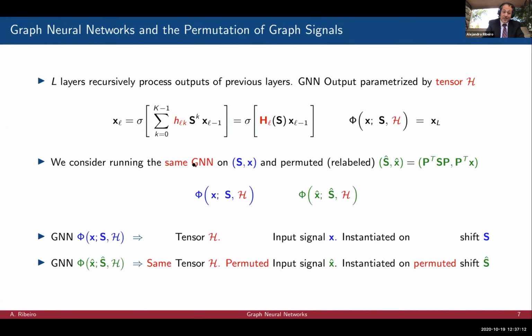That it is the same GNN means that at all layers we are using the same set of filter coefficients. So one GNN utilizes the shift S, is applied to signal X, and utilizes the filter tensor H, which is a collection of all the filters of all layers. The green GNN applies to signal X hat, runs on S hat, and utilizes the same tensor H. So again, it's the same tensor, but a permuted input and a permuted shift.